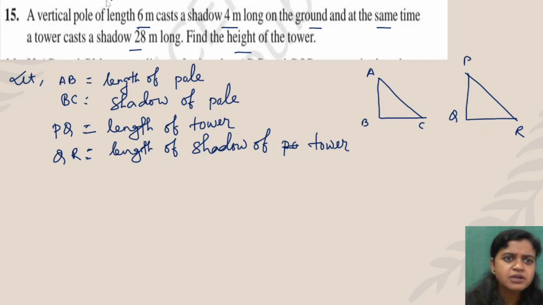So what is given in the question: the vertical pole length is 6 meter, and it casts a shadow 4 meter long. So this is 6 and this is 4 meter.